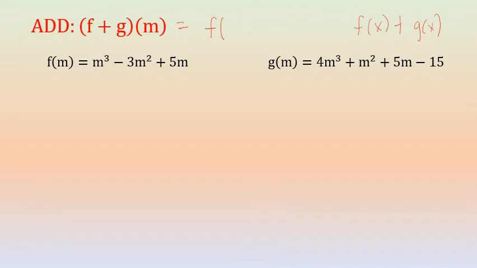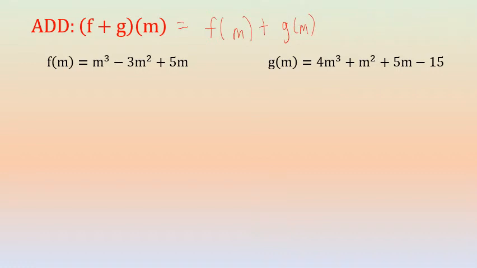But this time, hindi x yung ginamit natin. Instead, m. So our formula for this one is f of m plus g of m. Take note, hindi palaging x yung ating ginagamit. Sometimes, ibang variables.